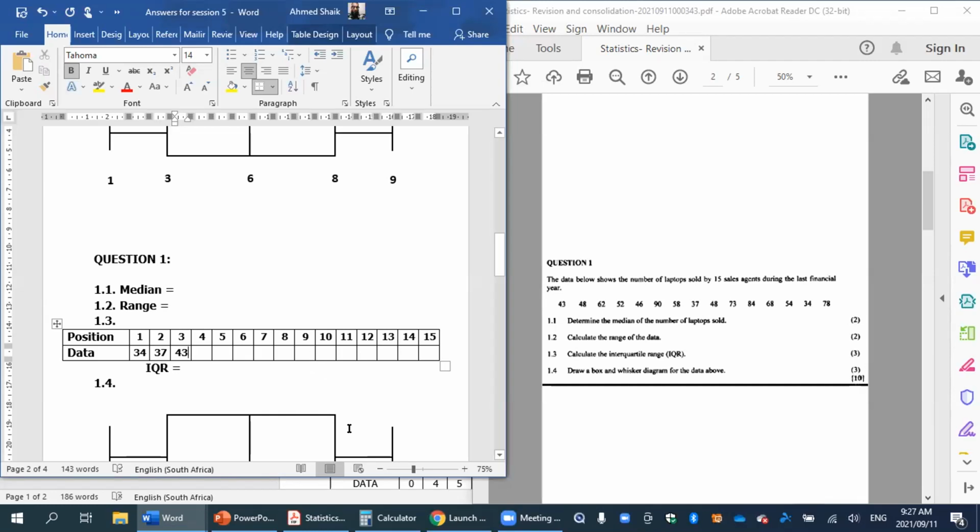Our next value should be 46. Following that, we should be looking at 48. Remember, 48 is there twice, 48 and 48. The next lowest value is 52.